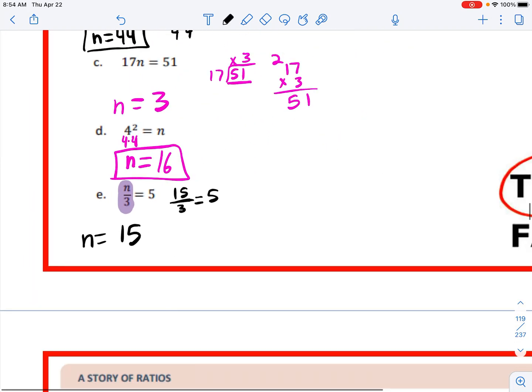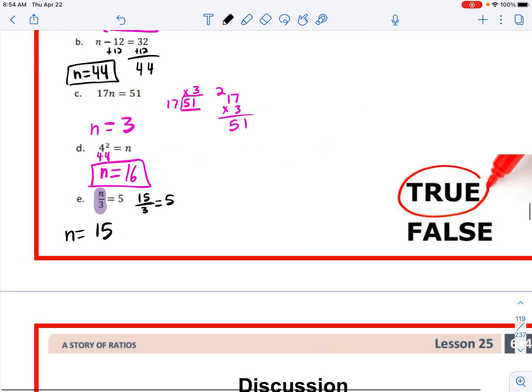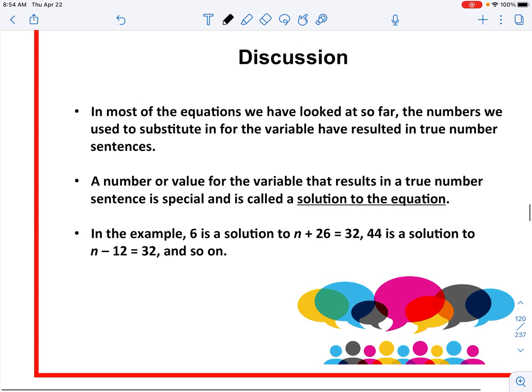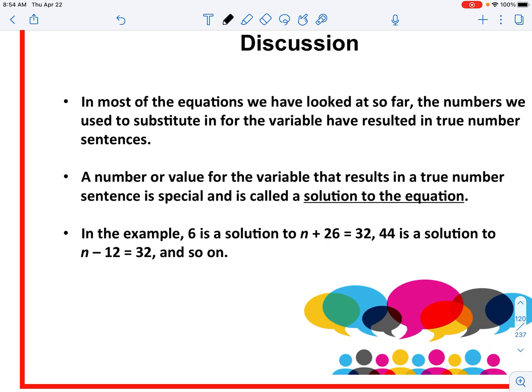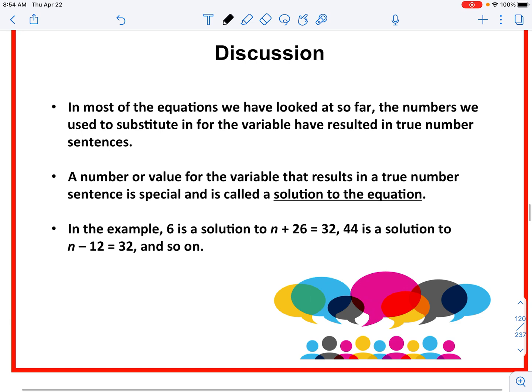All right, guys, I hope this is making sense to you, okay? And I just want to talk about this quick discussion. It says, in most of the equations we have looked at so far, the numbers we use to substitute in for the variable have resulted in true number sentences. A number value for the variable that results in a true number sentence is special and is called a solution to the equation.